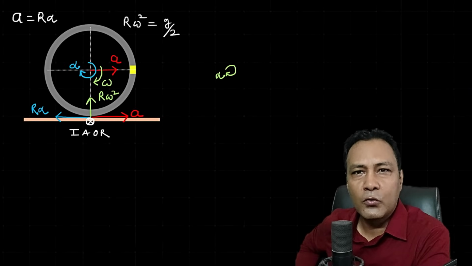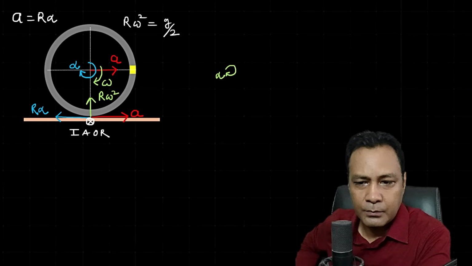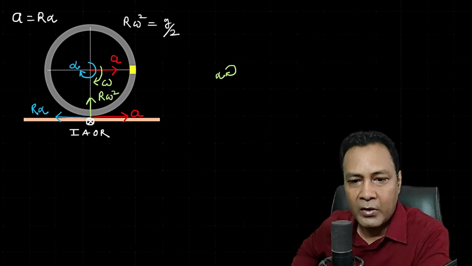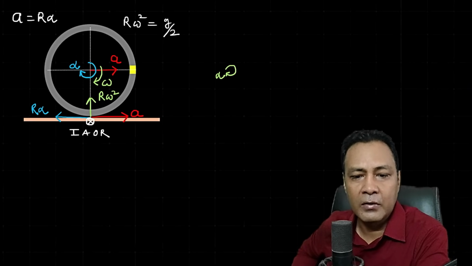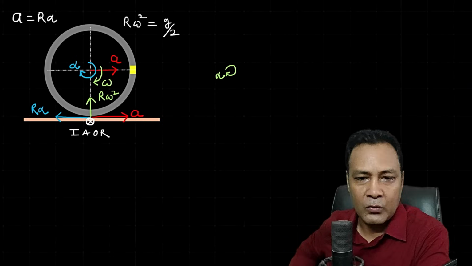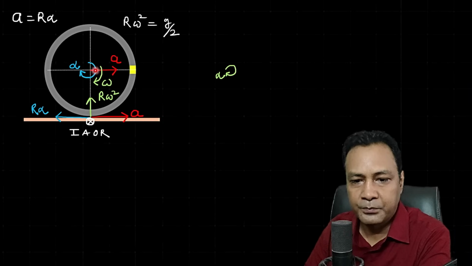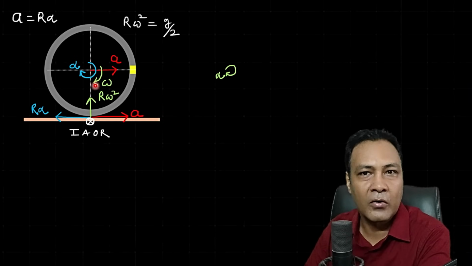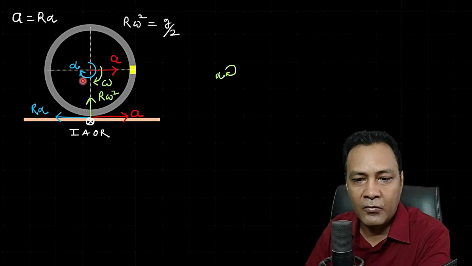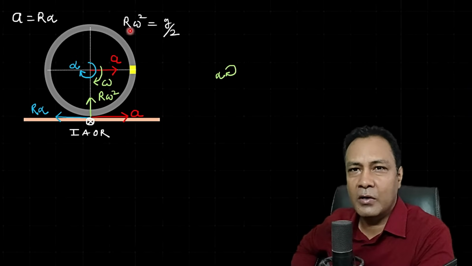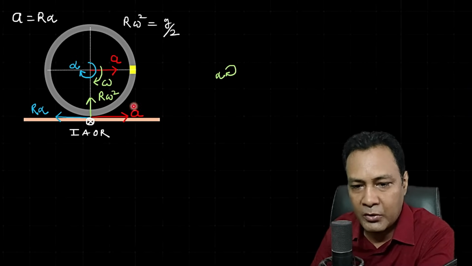And now I want to calculate angular acceleration. So for the calculation of angular acceleration, I want to apply torque about the IAOR. So this is IAOR, and the center of this ring has acceleration A, angular velocity omega of the whole assembly, angular acceleration alpha, no slipping. So A is equal to r alpha, and we just obtained at this moment r omega square is equal to g by 2.